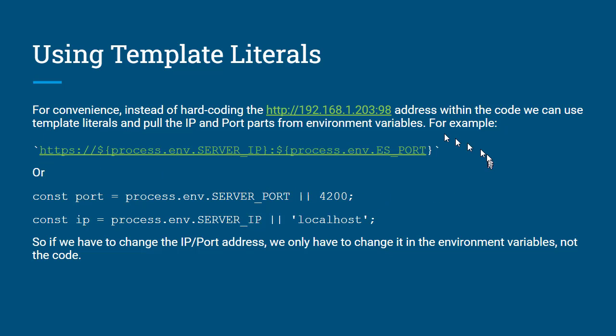So in this code here, this is going to be connecting to the Elasticsearch database. And then when we're actually running, adding our listener for the app itself, we're going to define a server port and an IP. And we're going to switch back.